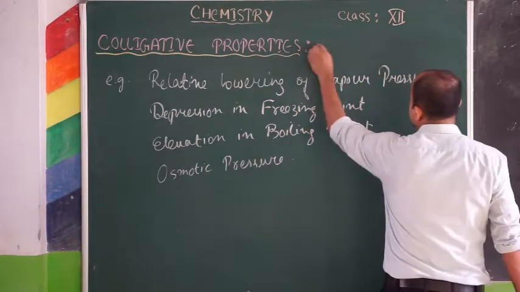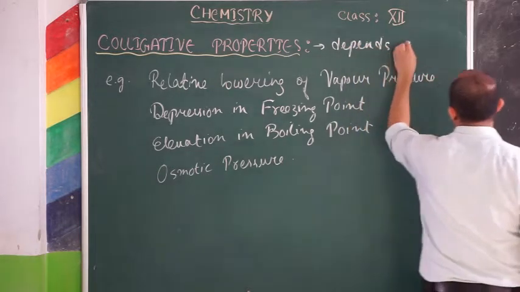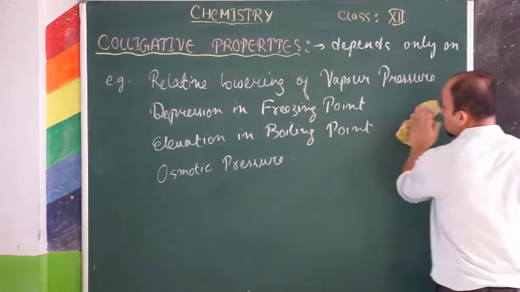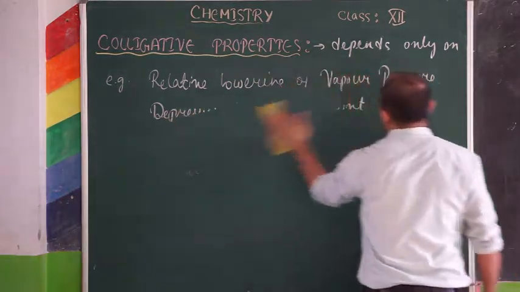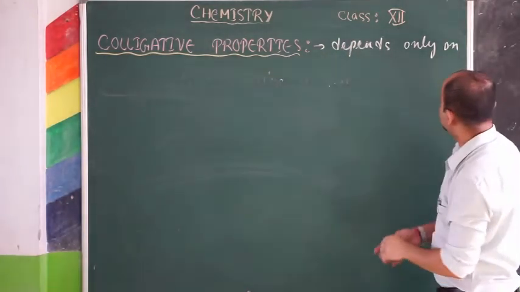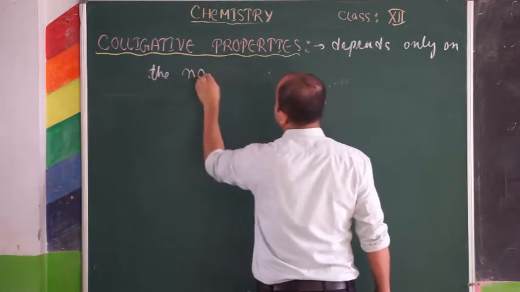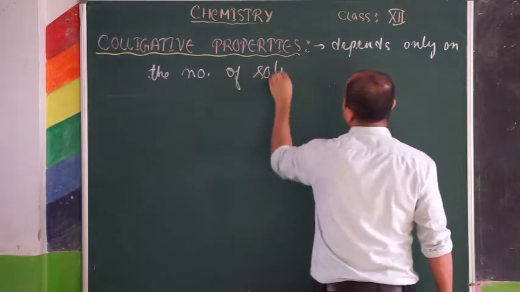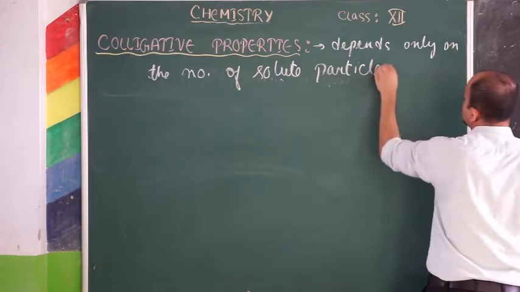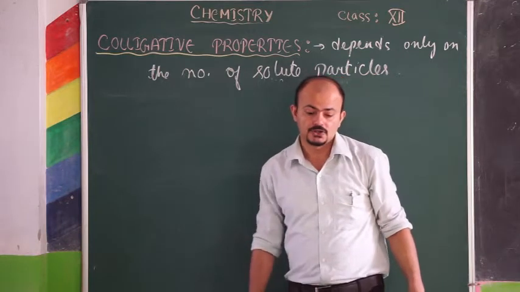So colligative property means the property which depends only on the number of solute particles. If there is a change in the number of particles, then the property will also change.